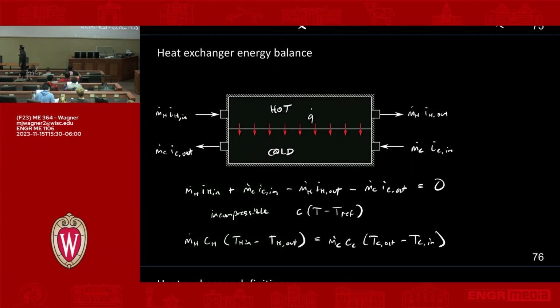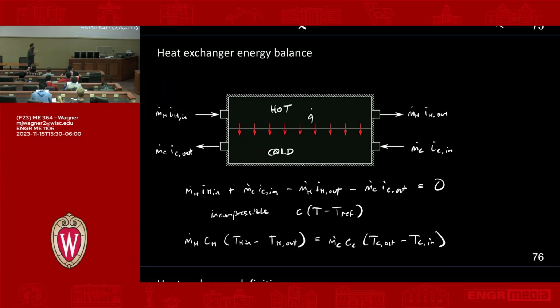What we're doing is saying two things are true. One, if I draw a control volume around the entire device, then everything going in and everything going out has to be conserved. So that's where that top equation comes from.